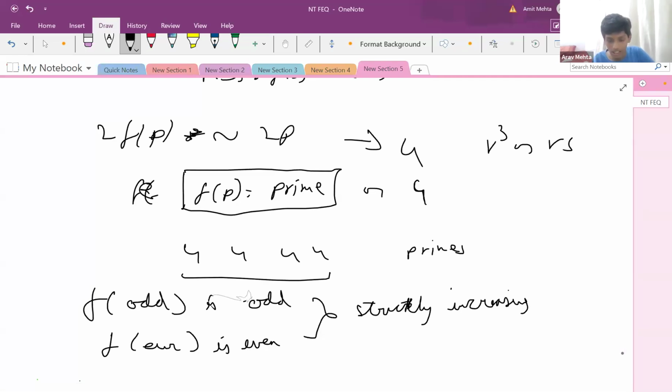Also, did people get why this implies strictly increasing? Yeah, because if we have some consecutive numbers, one is even, another is odd. If f of even is even and f of odd is odd, then these two can't be equal.